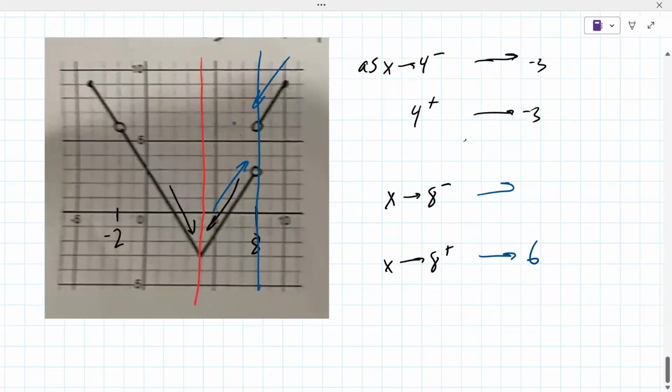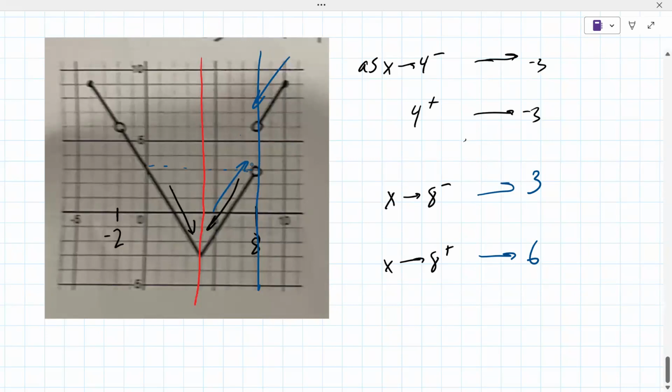And then from the left, 6, -6. I mean, from the left, I'm just looking at the y value. It looks like it's about 3.